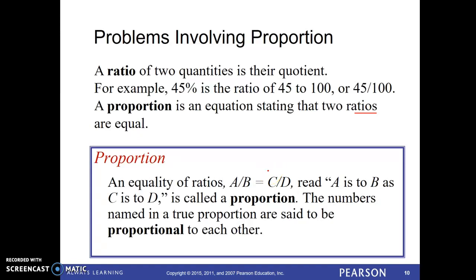An equality of ratios, a over b equals c over d, is read a is to b as c is to d. That's why we call it a proportion. The numbers named in a proportion are said to be proportional to one another. So a is proportional to b as c is proportional to d.